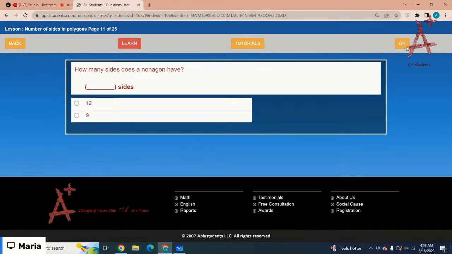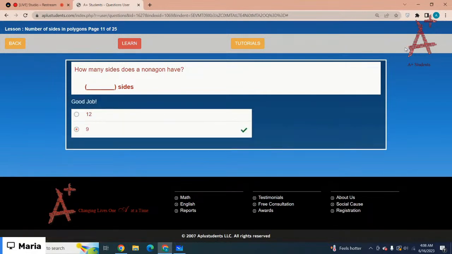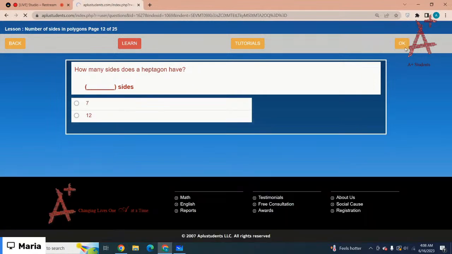How many sides does a nonagon have? A nonagon has 9 sides. How many sides does a heptagon have? A heptagon has 7 sides.